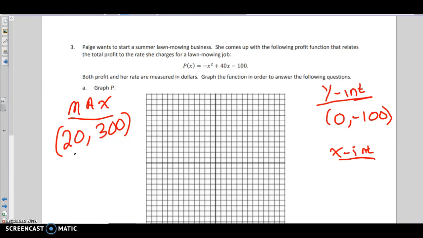And we can use the quadratic formula or completing the square. Whichever method you want to use, I'm going to use completing the square, just so we're getting used to doing that method, as that's how we convert from standard form to vertex form. So to find my zeros, my x-intercepts, it's going to equal 0.